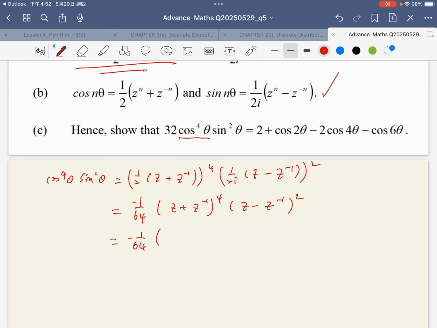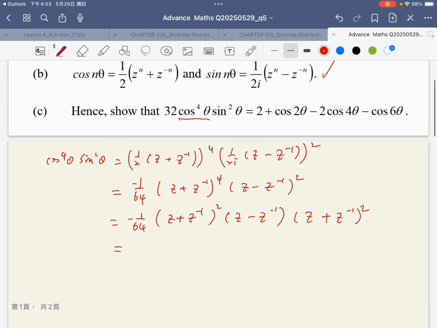The four factors I sort two by two, and therefore z plus z to the power minus 1, times z minus z to the power minus 1, is z squared minus z to the power minus 2, because I use a squared minus b squared equals a plus b times a minus b.